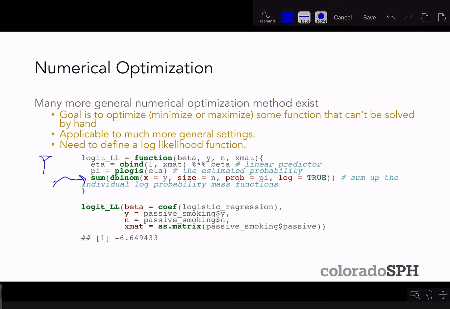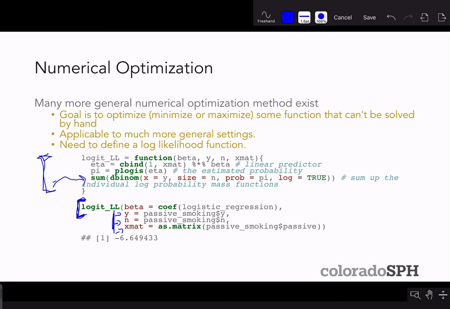So we defined the function with the code chunk here, and then I can actually call that function and plug in different values to get a particular log likelihood number. So here in this case, I'm plugging in the y values from our data, the n values from our data, and the x values from our data.